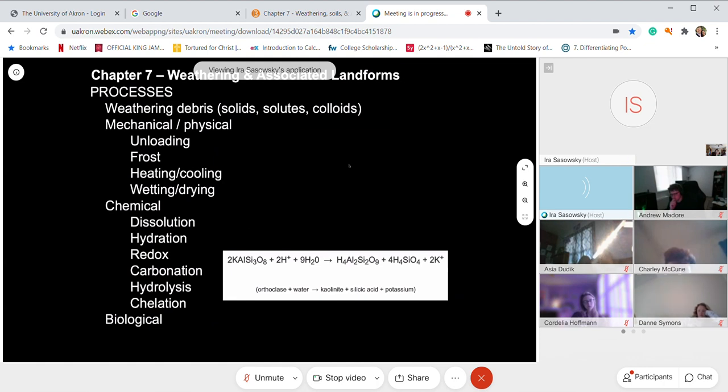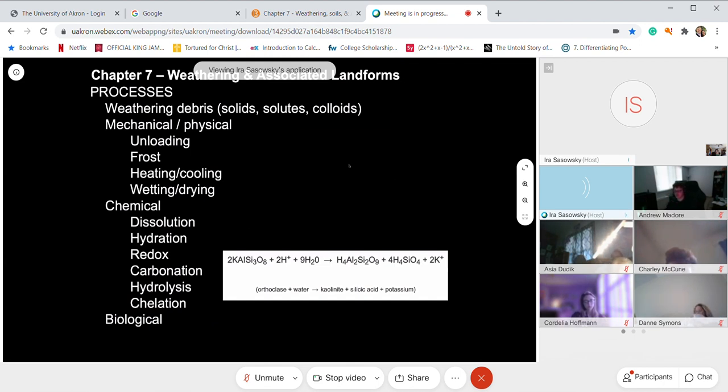Our second chemical mechanism is hydration, and this occurs when minerals absorb water molecules into their crystal lattices or at the edges of their structures. And probably the most familiar example we have is if we take the mineral anhydrite, which is calcium sulfate, and we add water to it, we form the mineral gypsum, which is calcium sulfate dot 2H2O.